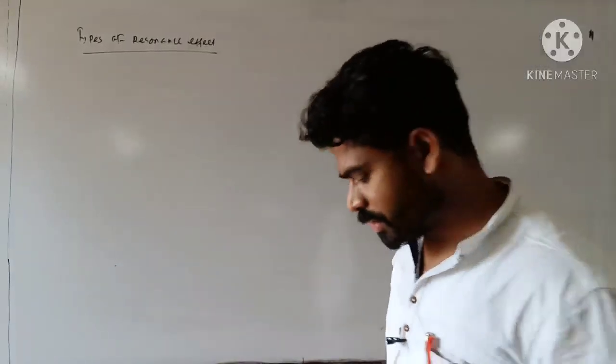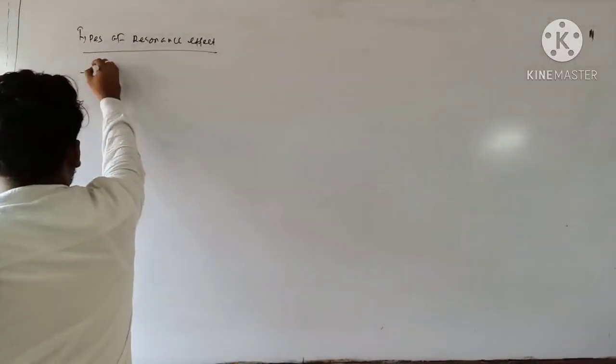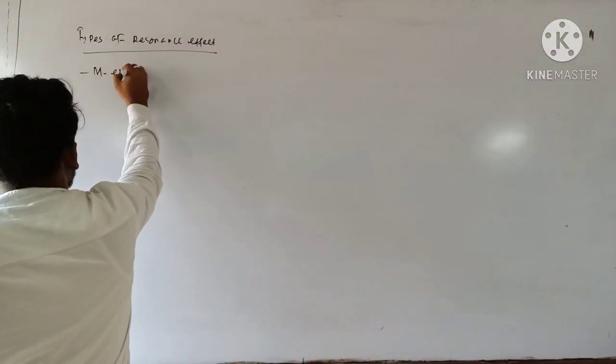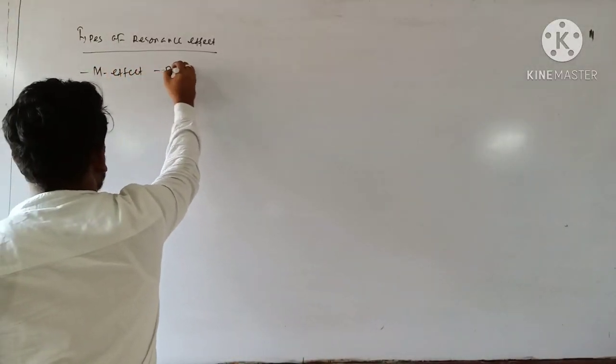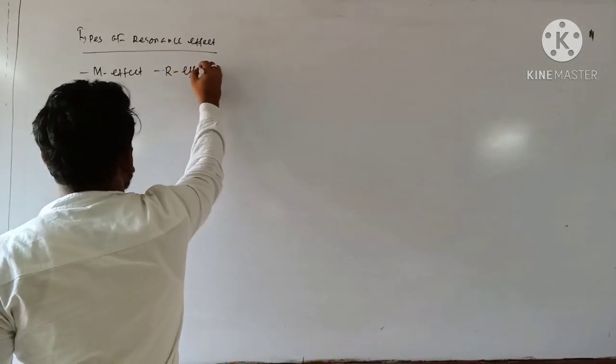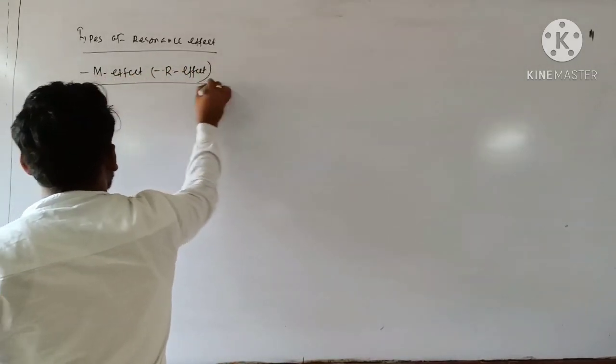The next one is negative mesomeric effect, or this one is called minus R effect. Clear?